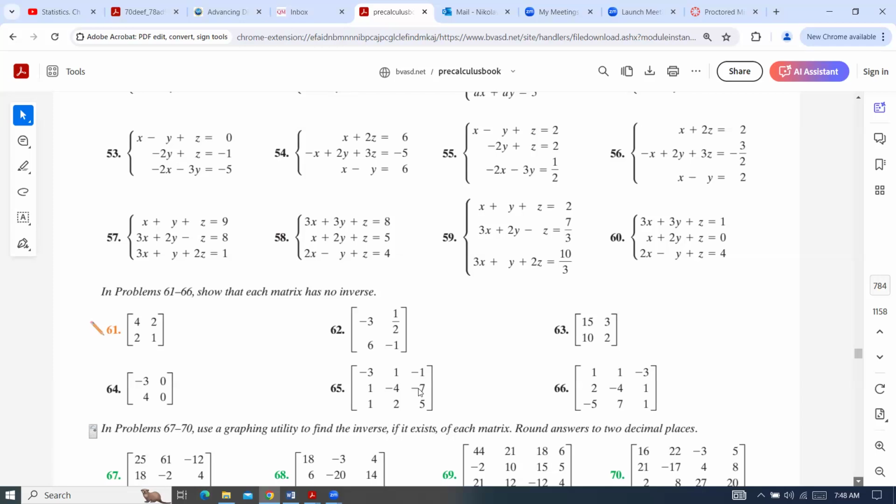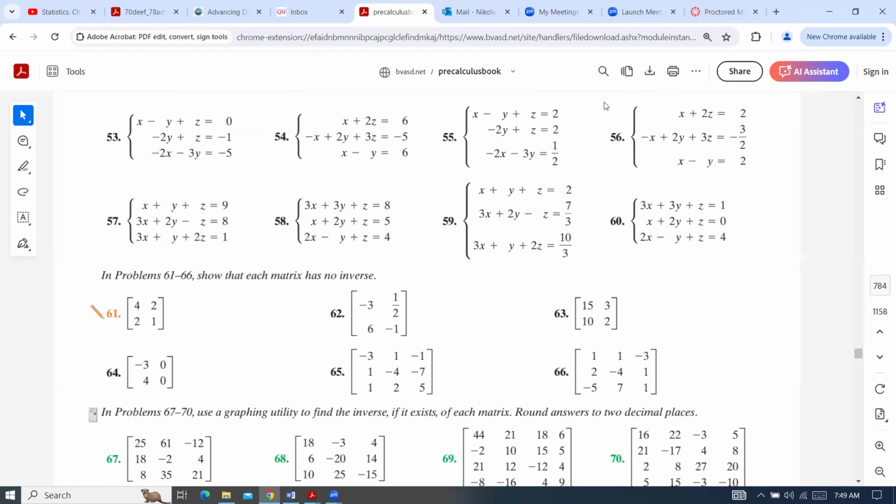Why don't we try to find the inverse for that matrix? I will do it just once. It's a very specific procedure because I don't think you're going to use it anywhere in calculus. But since it's already being discussed here, they say find the inverse in the next group of exercises. They say using a graphing utility.